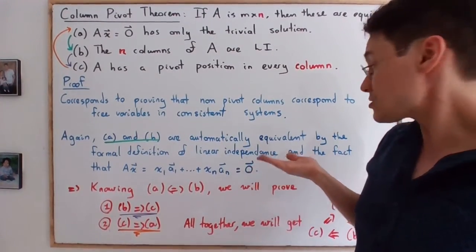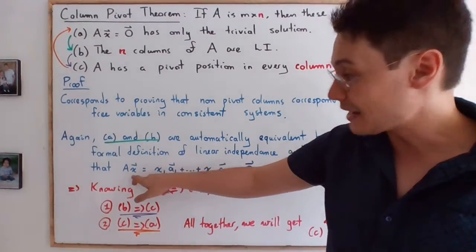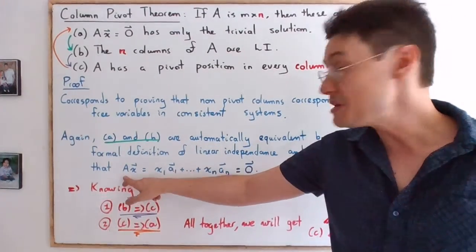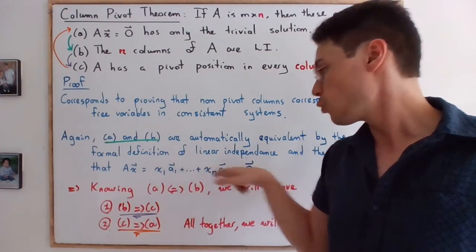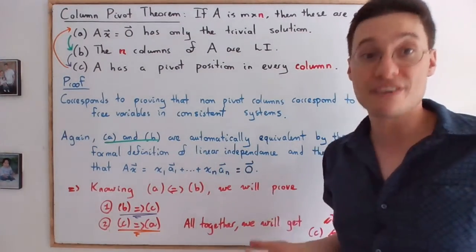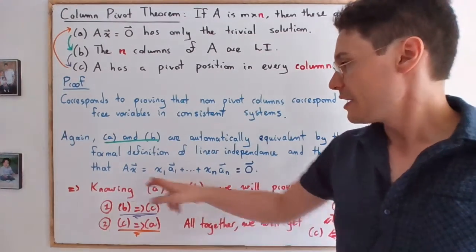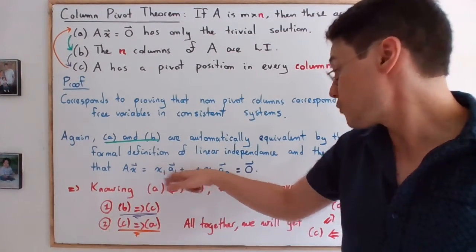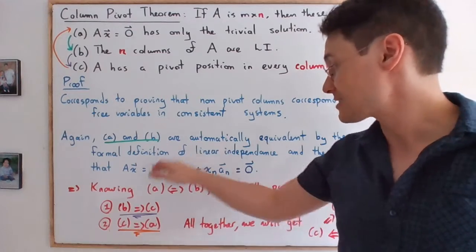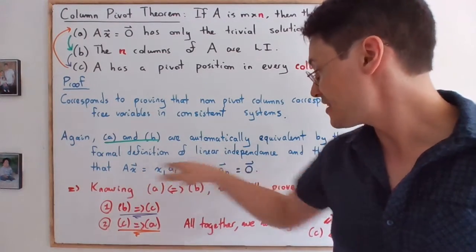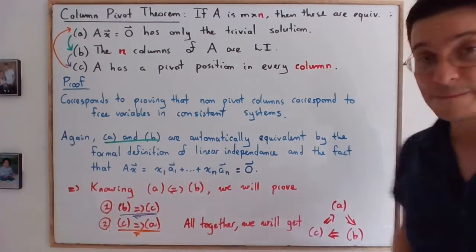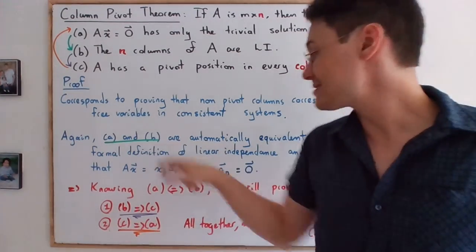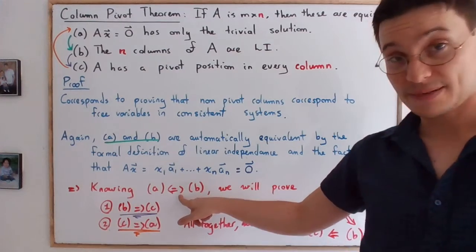And it also comes from the fact that A times x, we define it to be the linear combination of the column vectors of A with the components of x as weights. So that's it. If we know that this has only the trivial solution, then this equation also has the trivial solution. Okay.